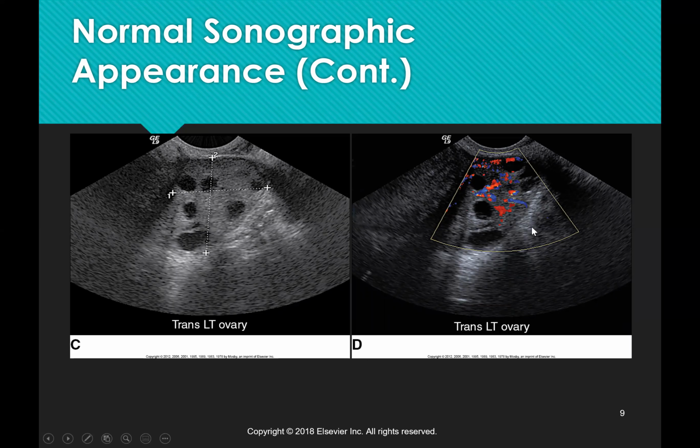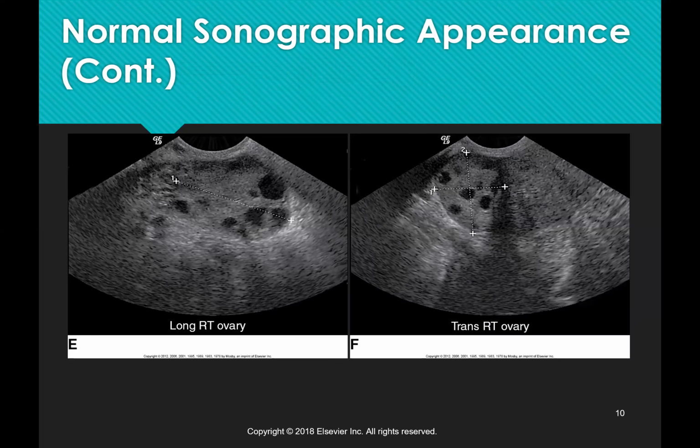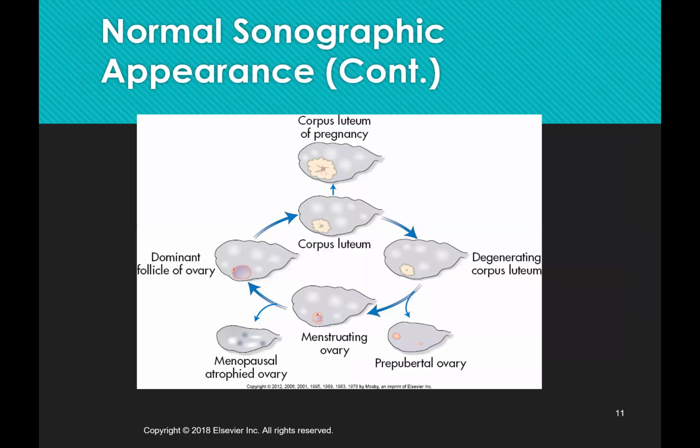That's normal vascular flow within the ovary. And one more. You will measure the ovaries in 3 planes: sagittal, transverse, and your height, the AP diameter, and that'll give you a volume for the ovaries.